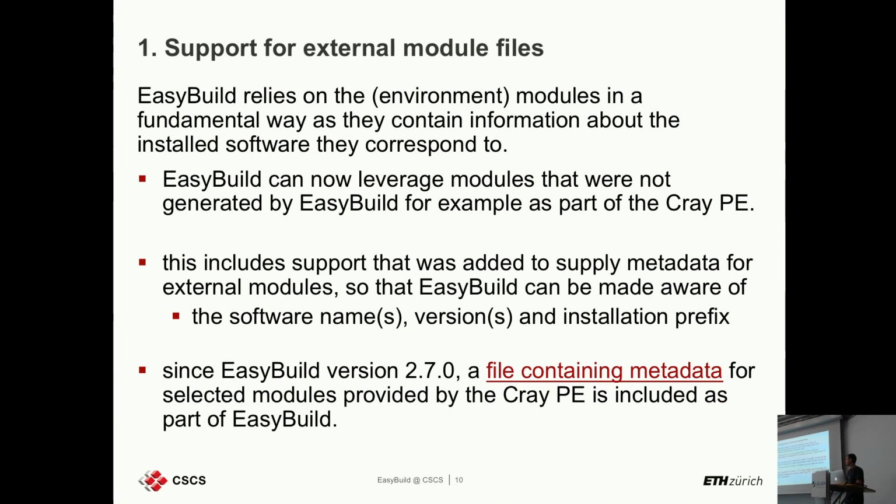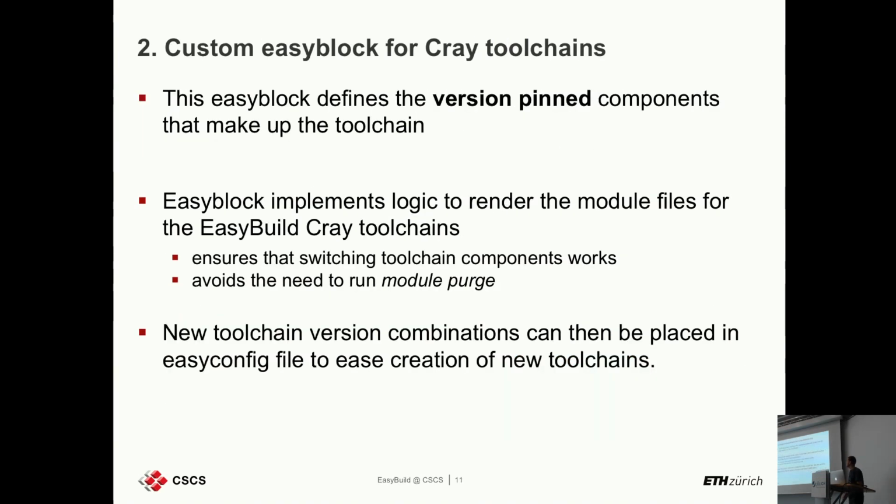Since EasyBuild 2.7, we have this file containing a standard example for one version of the programming environment from Cray. You can just take it and reuse it as it is if you have that version of the Cray programming environment installed, or you just adapt it to your site, updating the versions and so on.